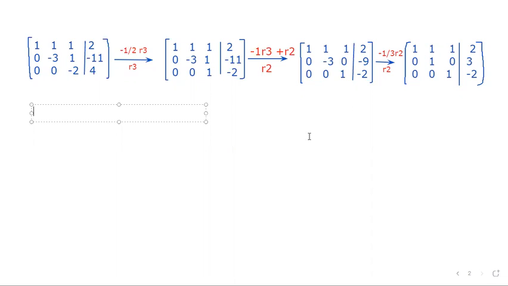But what I would do, I would say negative 1 row 3 plus row 1. That's just going to give us a new row 1. Negative 1 times 0, that's still a 1. This is still a 1. Negative 1 times 1 is negative 1, plus this gives us a 0. And negative 1 times negative 2 is 2. This gives us a 4.